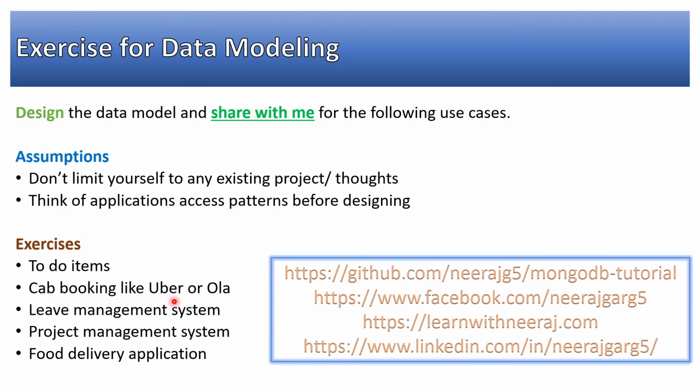Cab booking like Uber or Ola, or you want to create your own schema like Uber or Ola. Cab booking system, leave management system, project management system, food delivery application. In case you are not aware of any of these or some of these requirements, I can help you with that also. I can post these requirements on my GitHub page as well, so that you can refer to those and design your schema.